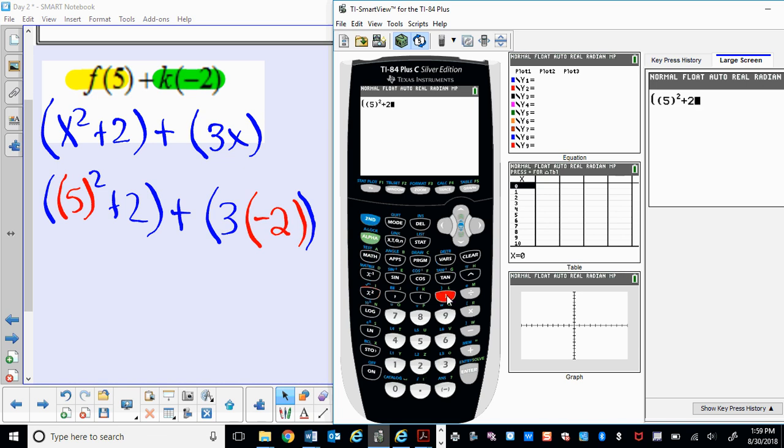Sorry, you guys can go a little bit faster than me on the computer. And then plus parentheses 3 times negative 2. And boom. You should get 21.